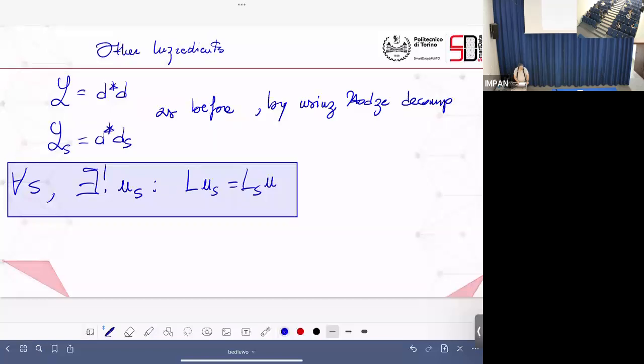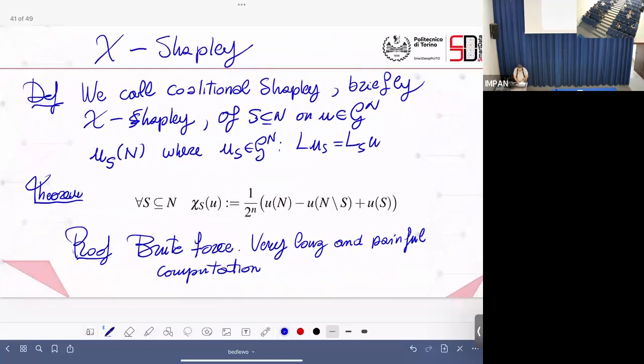Nothing changed for connectivity reasons. So we define the coalitional Shapley in the same way. We take U_S of n, where now U_S is computed with the system that I told you before. So mutatis mutandis it is the same thing.